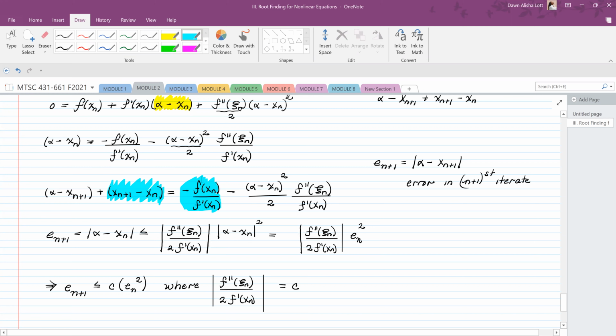So that drops out. The way we define xn plus 1 is xn minus. So those two are equal, so they drop out of the equation. I just left that step out. So I shouldn't have put alpha equals xn plus 1. I should have just put alpha is the actual root.